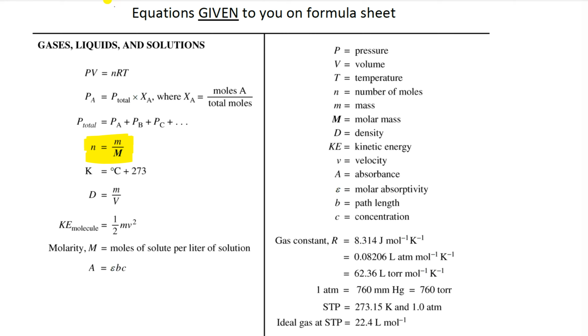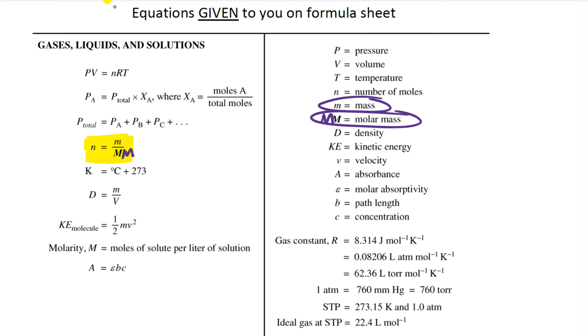Just watch out though for the way you're writing these symbols. That lowercase m is mass, and the uppercase M represents molar mass. If it's helpful for you, you can replace that capital M with two capital M's. So you can think of it as molar mass if you would like.